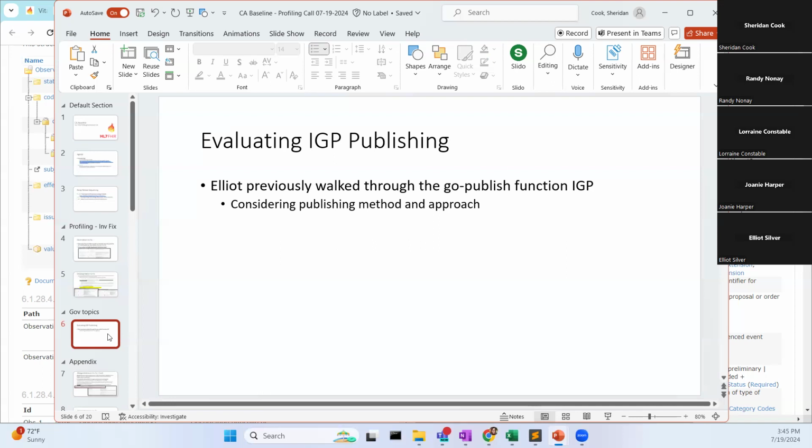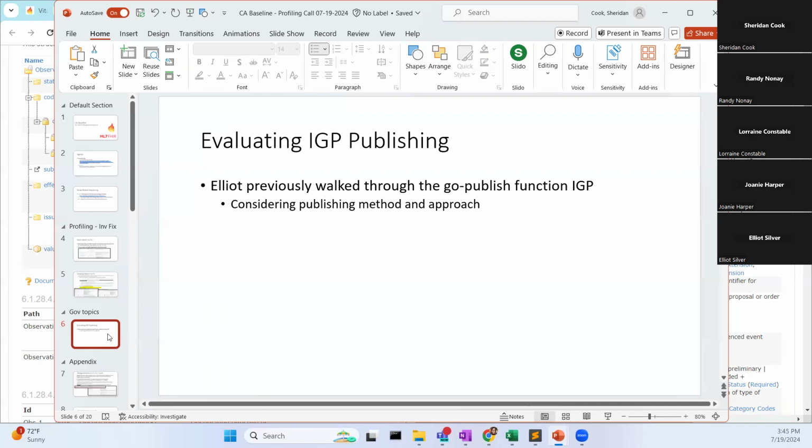Elliot, I know one of the things that you brought up is concerns over some of the fragility sometimes, and needing to know well in advance, if we do choose IGP, which version we're going to use for Go Publish, and that we've got some stability and assurances there. I talked to Danielle out of Australia about their processes and whether they've ever run into similar issues.